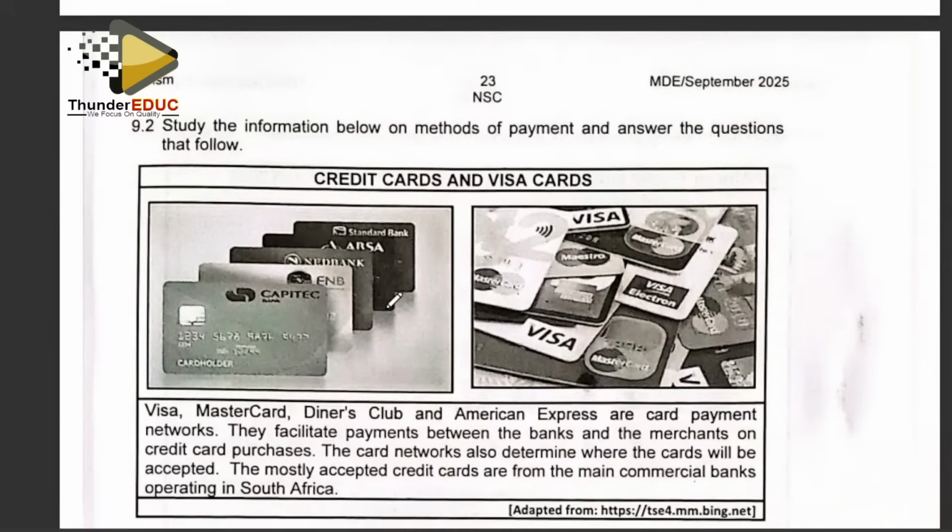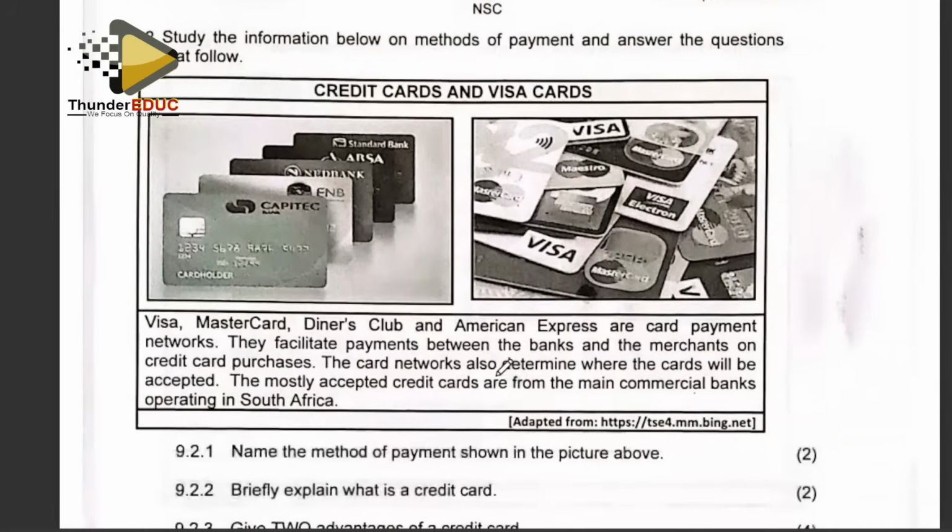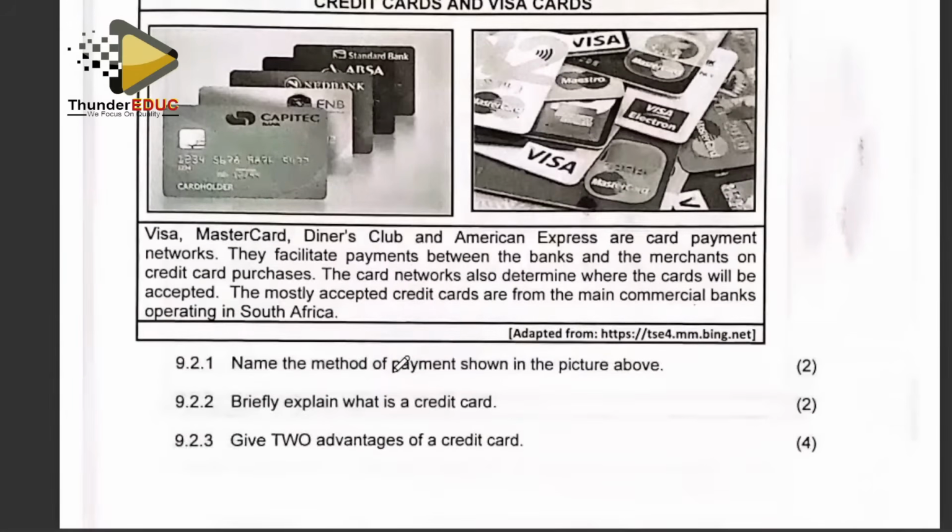The most accepted credit cards are from the main commercial banks operating in South Africa. The first question reads, name the method of payment shown in the picture. These are credit cards, or you can call them Visa cards.